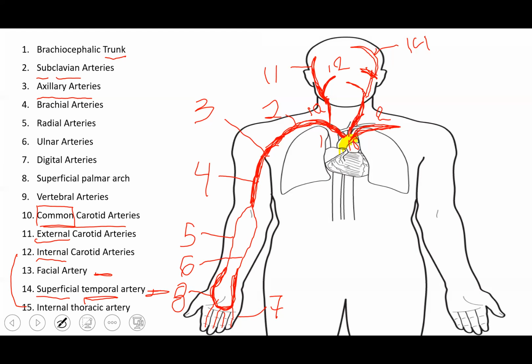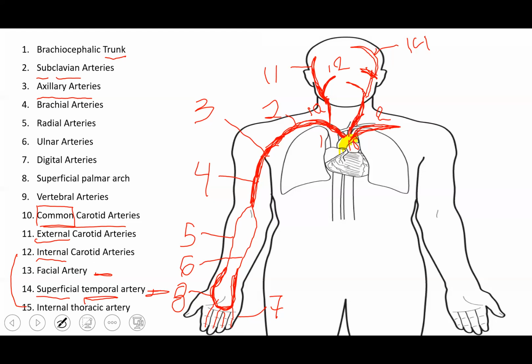Essentially this is what is delivering blood to your anterior body wall, so your ribs, your intercostal muscles, internal and external intercostals, and so on. We can't necessarily draw that into the diagram right here, but it is there. On a model, you should look for it on the inside of the body wall in the chest.